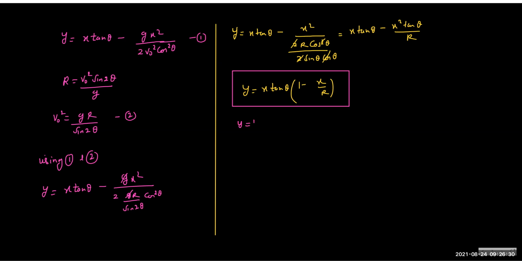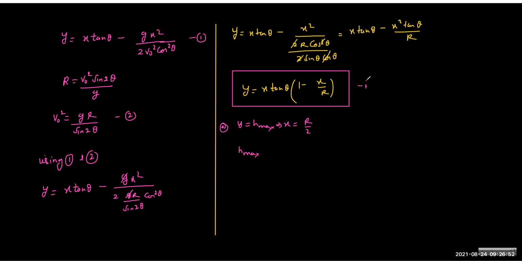So when y equals h max, x must be r by 2, right? So when the height is maximum, x must be how much? R by 2.